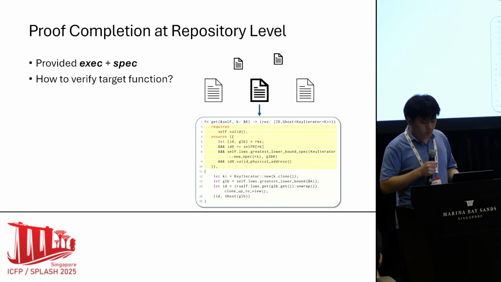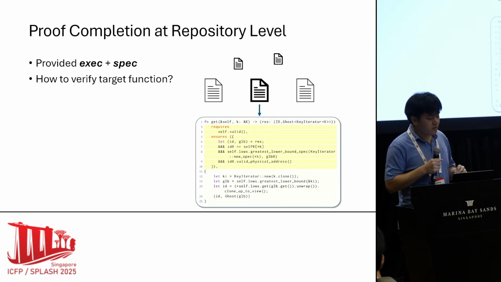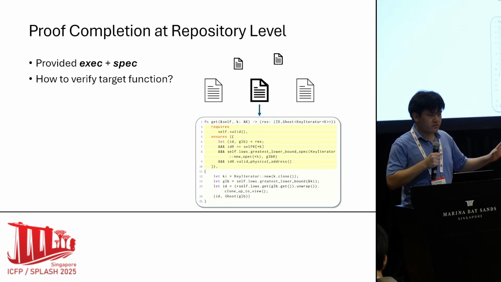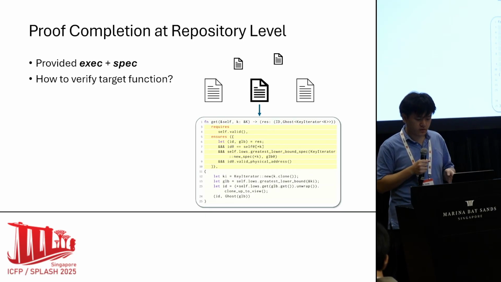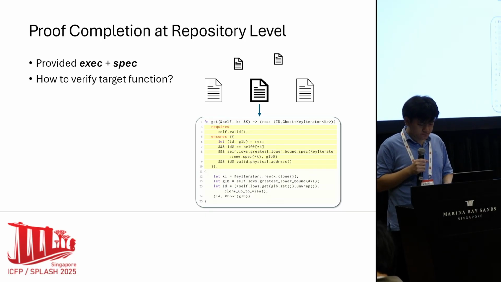We assume and operate on a partially verified repository where many of the functions are verified, but we are left with a few unverified functions missing the proofs. We are given their spec and executable, but we still need to verify the function itself.